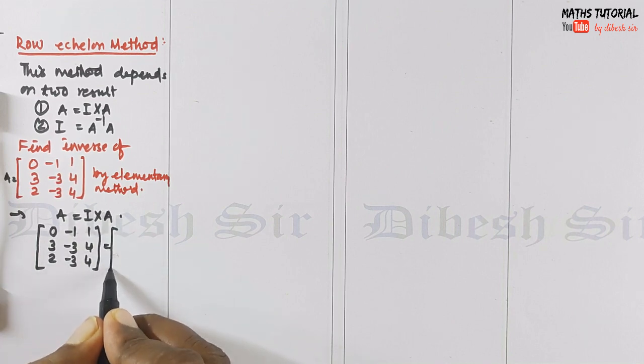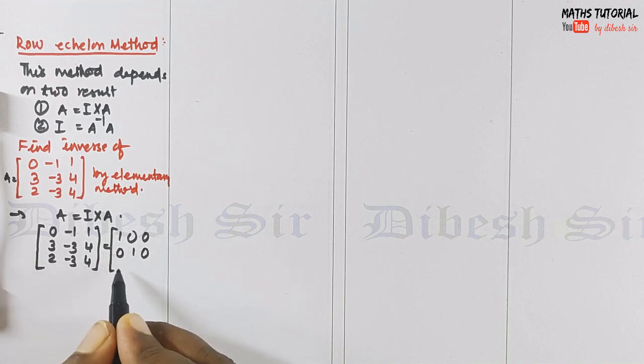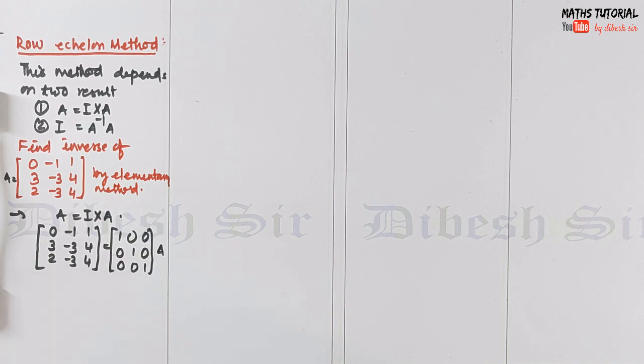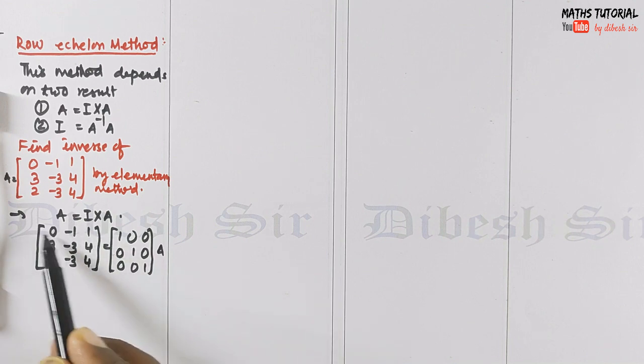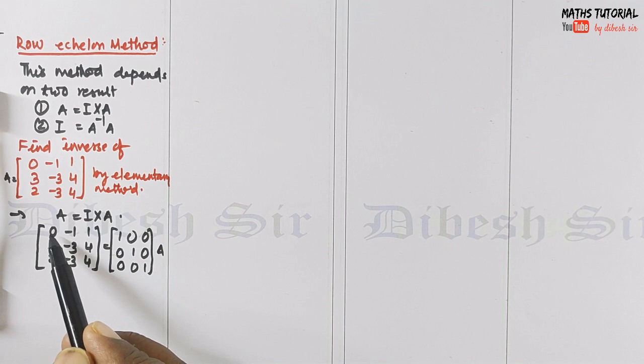I means 1, 0, 0, 0, 1, 0, 0, 0, 1. Better write only A. Now this is our leading entry of the first row. This is 0. You have to make this entry a non-zero number.